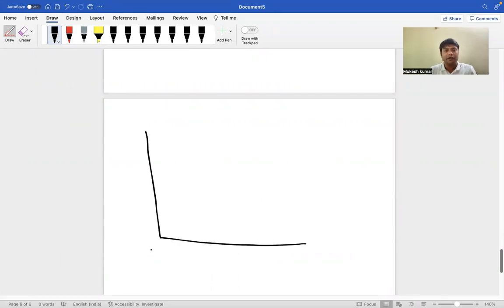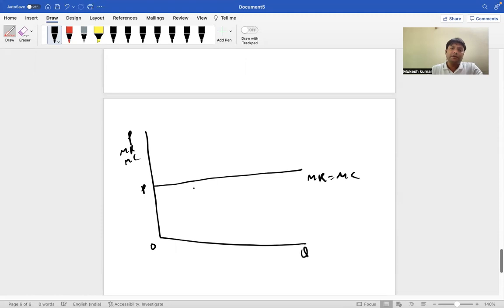Under the perfect competitive market, you have seen price, quantity, marginal revenue, marginal cost here, and this is the price line. Marginal revenue becomes equal to marginal cost. Let me draw here; it should be parallel to the horizontal axis.